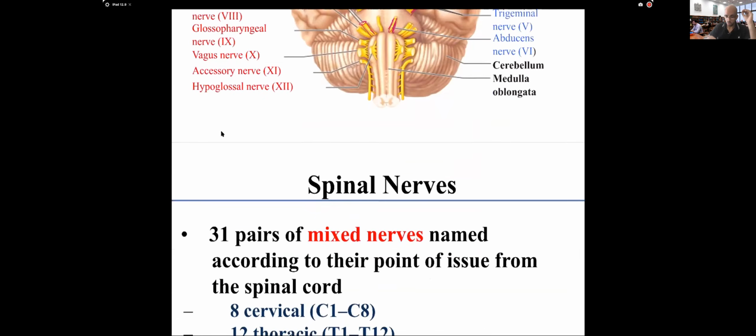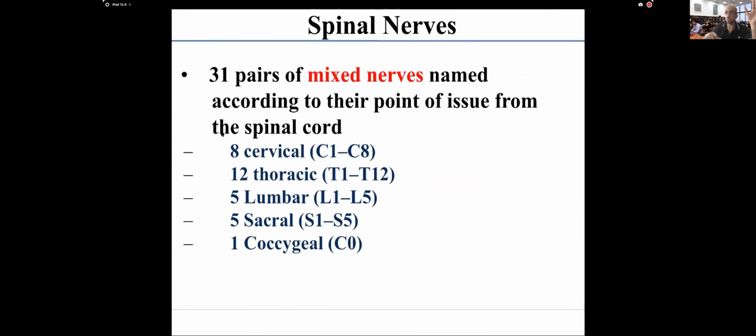All right. We didn't discuss the spinal nerves yet. Yes, C8. We're going to discuss this after the break. So as we've studied, we've got vertebrae C1 to C7. So how come I have spinal nerves which go from C1 to C8?